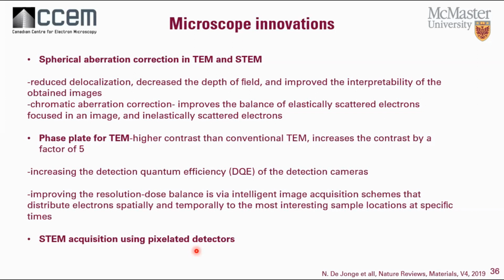Having a microscope with a chromatic aberration correction improves the balance of elastically scattered electrons focused in an image and inelastically scattered electrons. Also, using a faceplate for TEM can increase the contrast by a factor of 5. The cameras we get now on the microscopes are much better than before, and they come with an increased detection quantum efficiency.